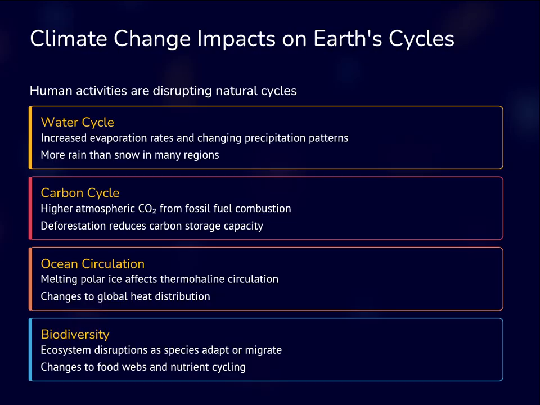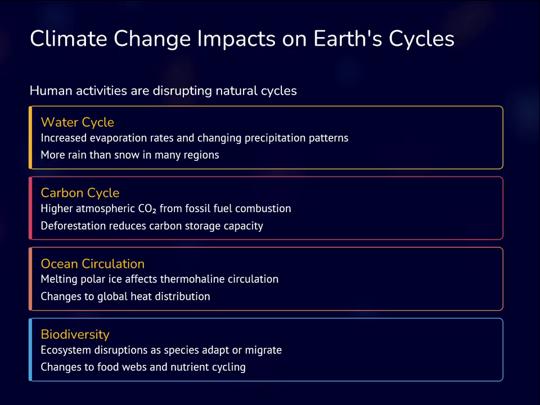That means an altered precipitation pattern. In ocean circulation, fresh water from melting ice can influence the thermohaline circulation, changing global heat distribution. We also see the carbon cycle: increased atmospheric CO2 and reduced carbon storage from deforestation.